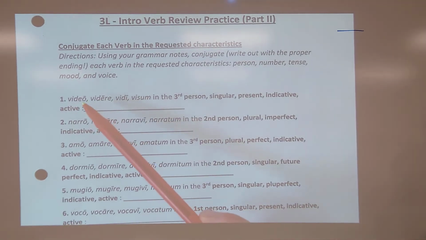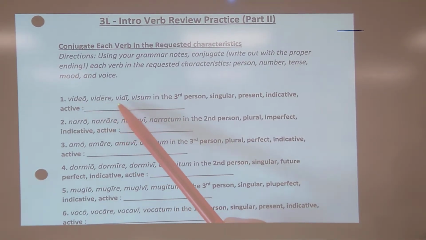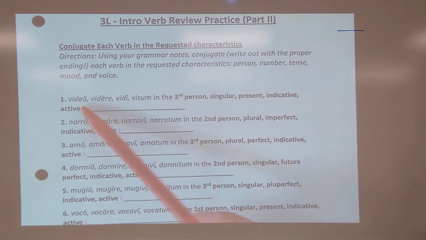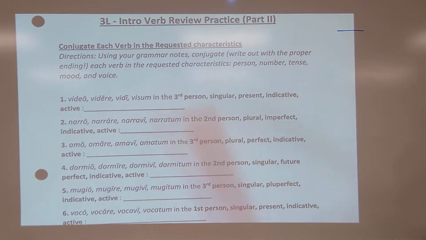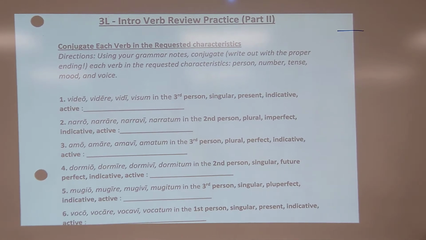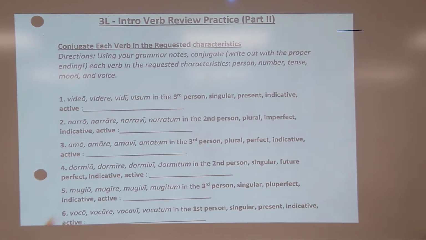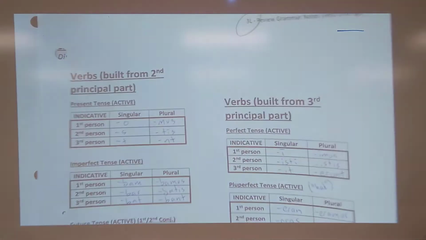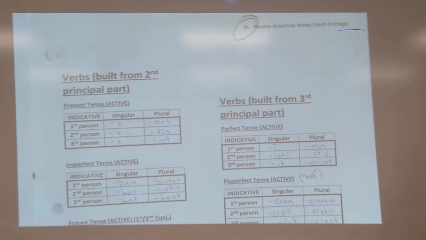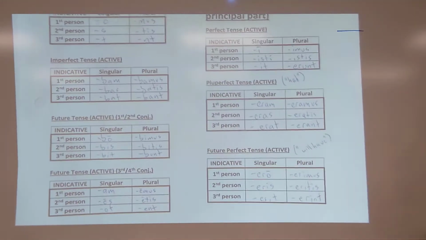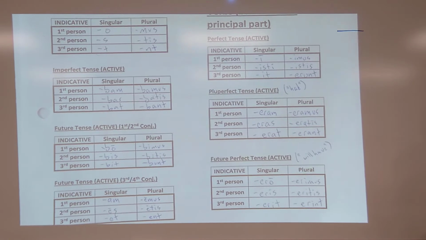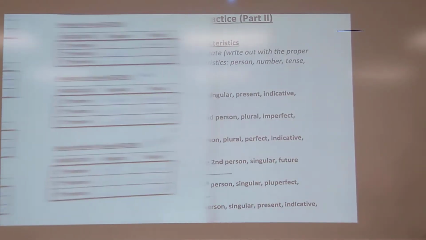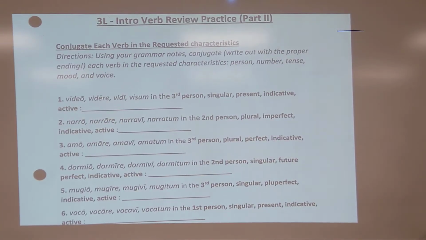All right, so for number one, we have the verb video, videre, vidi, visum, all four principal parts, and we're going to put it in the third person singular present indicative active. A really good idea, whether you need it or not, is to have with you the verb chart that we filled out together a few lessons ago. It's helpful to quickly look at what ending you need.